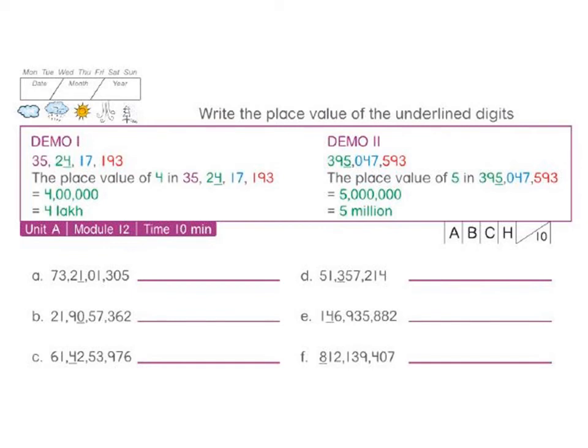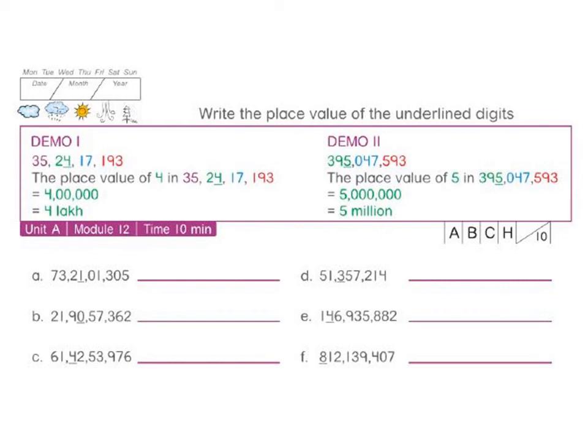Now, in our last class, I also explained what a place value and a face value is. If you forgot what a place value and face value is, please refer to the previous video that I have shown you. Try to revise it again, come back and try to solve this yourself. Already the demo is given.